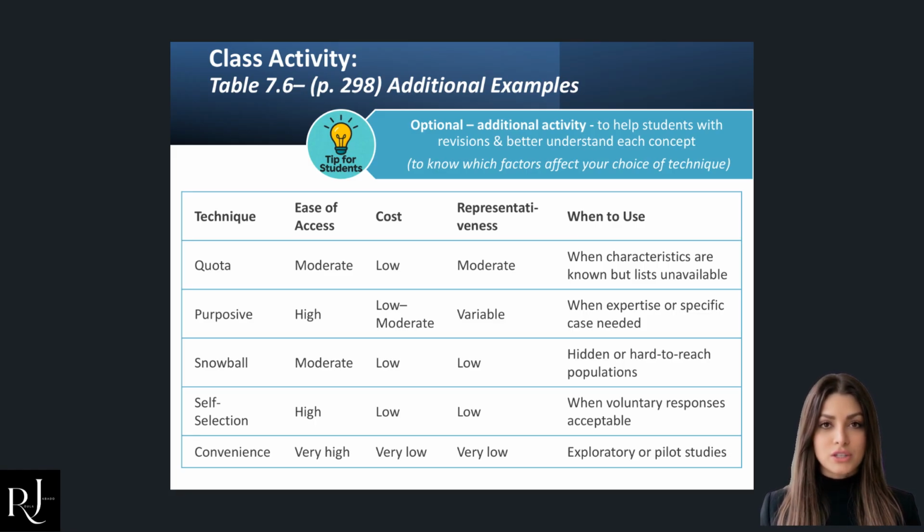Self-selection is used when voluntary responses are acceptable, and convenience sampling is strictly for exploratory or pilot studies where speed is more important than representativeness. Understanding when to use each is key to mastering this chapter. Take a moment to think about which of these might apply to your current research interests.